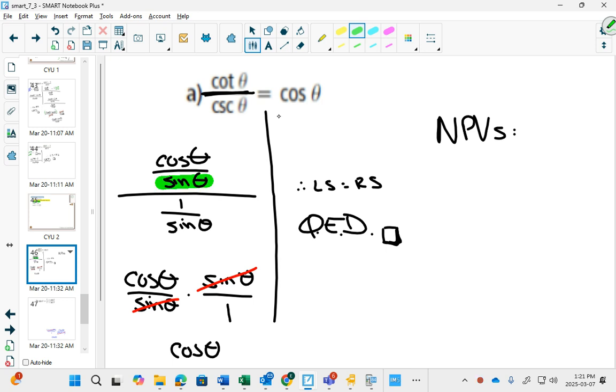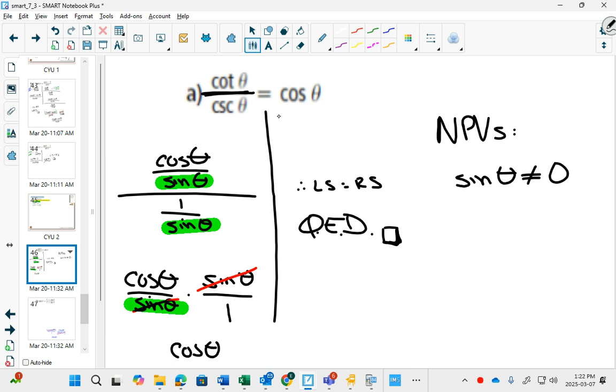I'm dividing by sine theta there. I'm dividing by sine theta there. I'm dividing by sine theta there. Can you see on the bottom of the fractions, the only thing that appears is sine theta. So for our non-permissible values, we would say that we know this sine theta cannot equal 0. Because if that green highlighted part is ever equal to 0, I'm going to divide by 0.